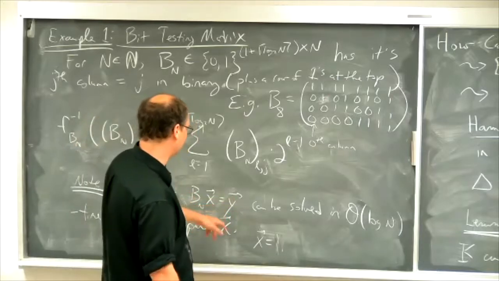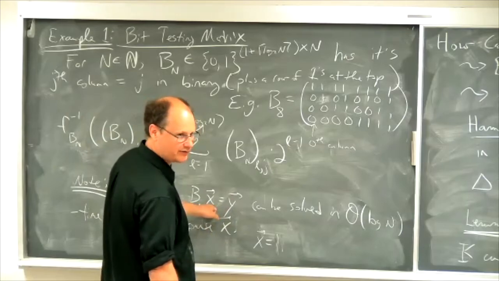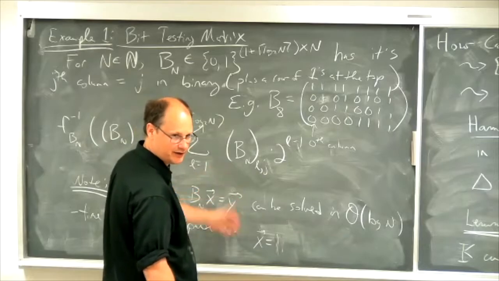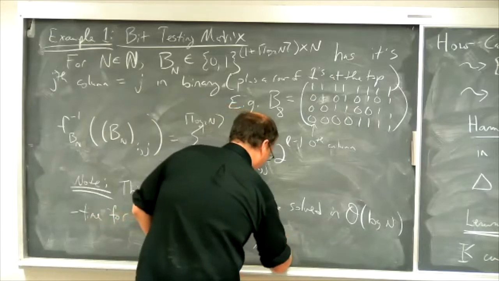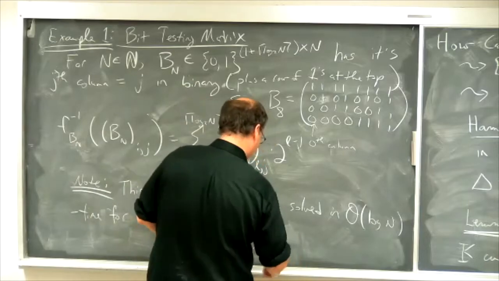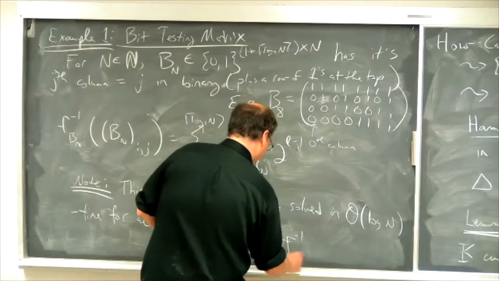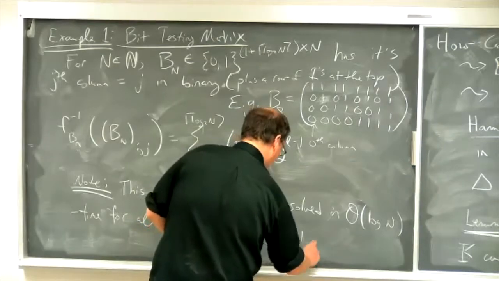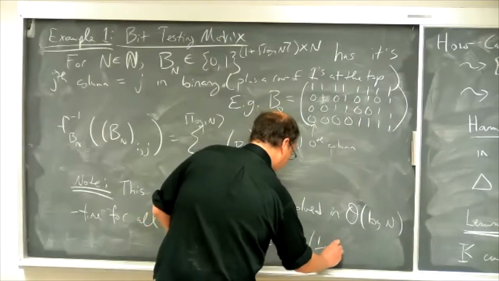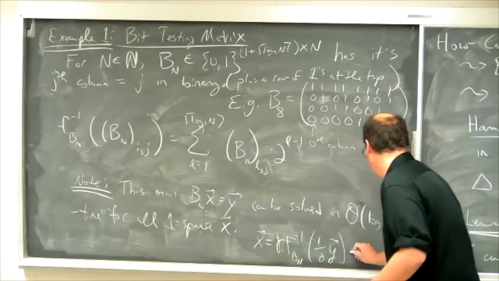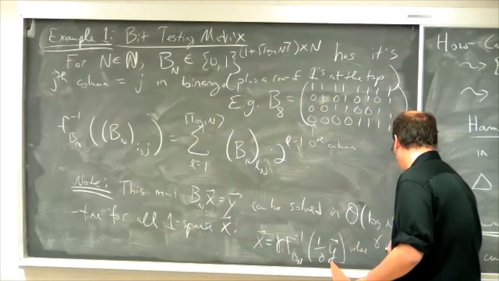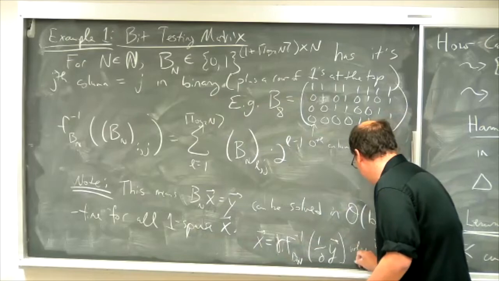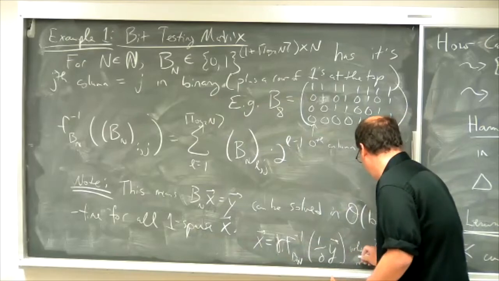All of the entries are going to have the same value if it's one-sparse, so it'll be gamma. And so x is going to be given to you by gamma times the inverse map of B_n applied to 1 over gamma times y, where we know what gamma is. So gamma is the first non-zero entry you find in y, or any non-zero entry.